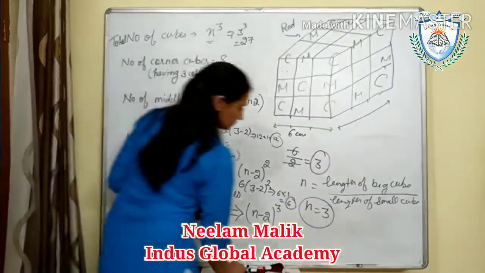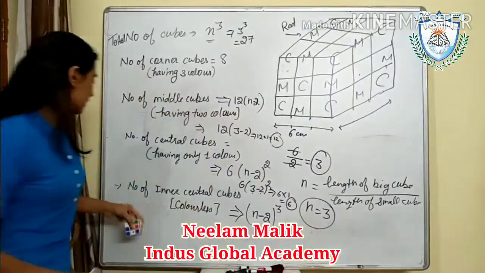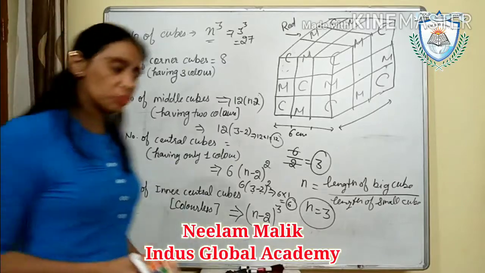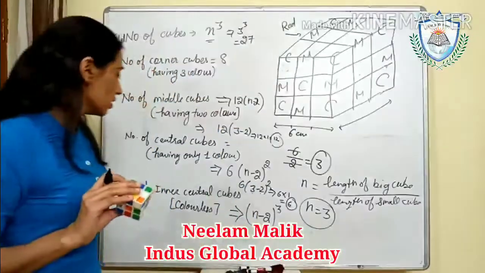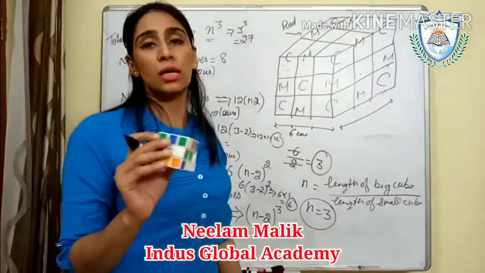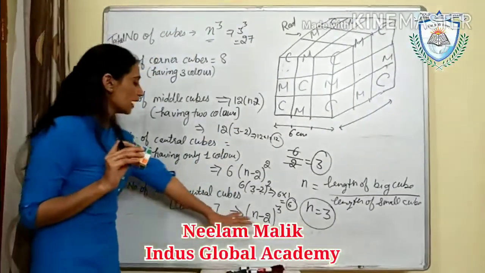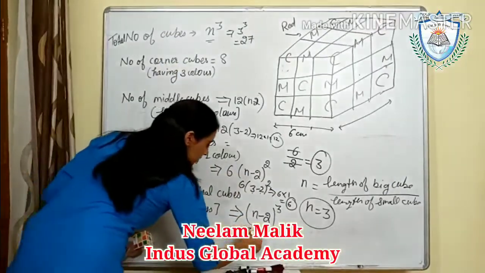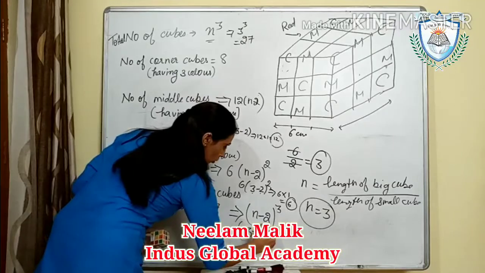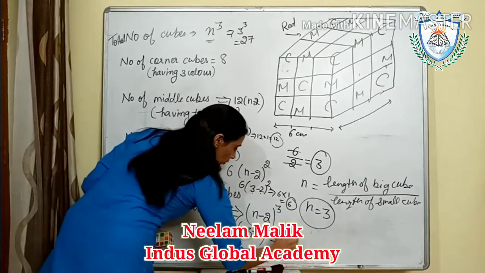Yes. Now next is the number of inner central cubes, which are not visible to us, that are hidden, and that are colorless, or we can say having no color. So n minus 2 whole cube. What is n? n is 3, minus 2 whole cube. That means there will be 1 cube.